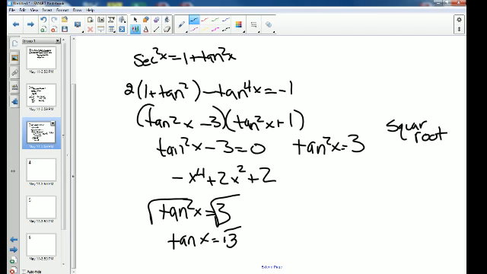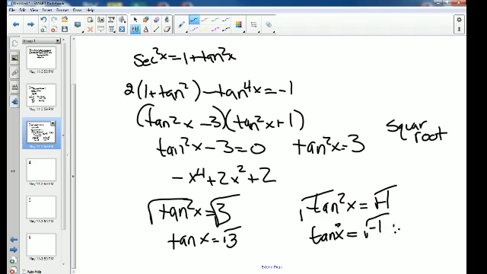And then you're also going to get tan squared x equals negative 1. Square rooting, tan x equals the square root of negative 1, which can't happen because that's an imaginary number.